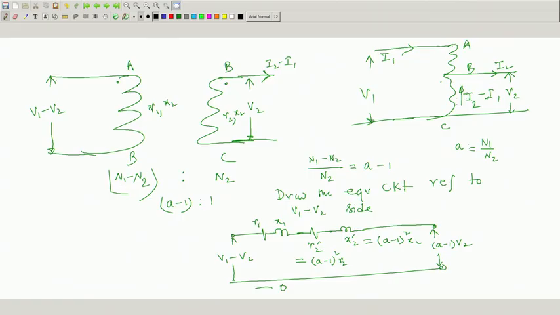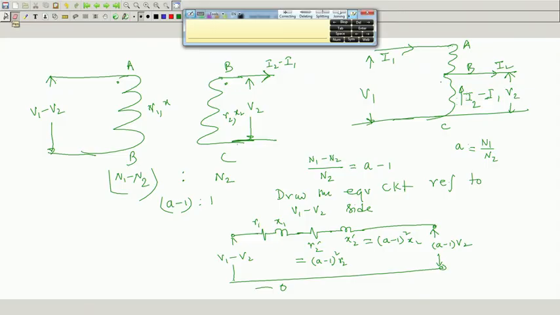This winding has N 1 minus N 2 turns, this winding has N 2 turns only, and this has R 1 X 1 and this is R 2 X 2.